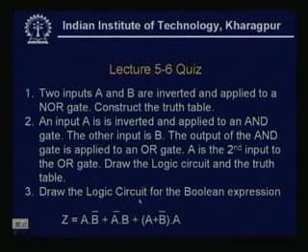Draw the logic circuit for the Boolean expression z equal to a dot b bar, means b complement, plus a bar dot b plus a plus b bar dot a. We can follow any one of lecture 5 and 6.